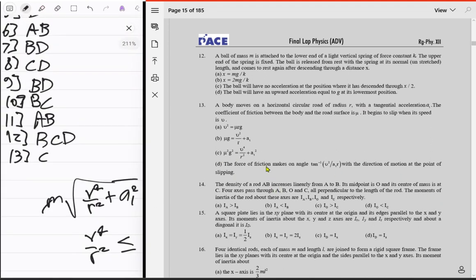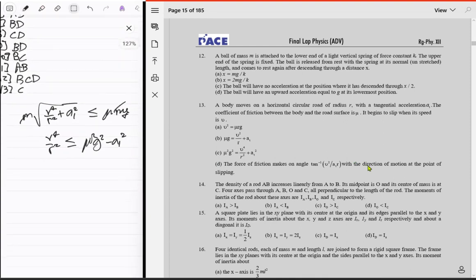The force of friction makes an angle with the direction of motion at the point of slipping. At the point of slipping, क्या हो रहा है? Tan inverse... okay, that's weird. That doesn't matter. ये तो कभी भी होगा ना, not just at the point of slipping.